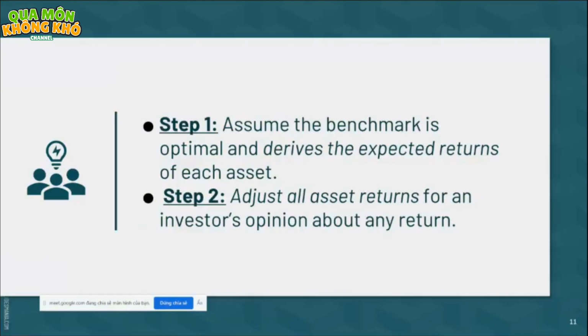Step number 1, we will assume the benchmark is optimal and derive the expected returns of each asset, which means that we will compute the expected returns of the assets that make the investors choose the benchmark, using optimization techniques from chapters 9 to 11. And the second step, which is also the final step, is that we will adjust all the asset returns for an investor's opinion about any return.